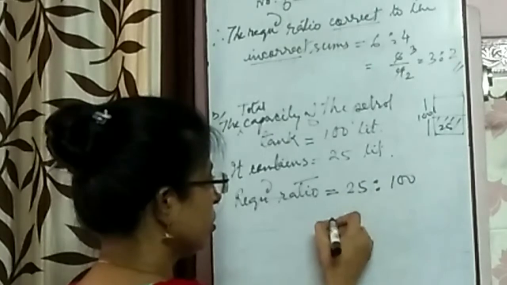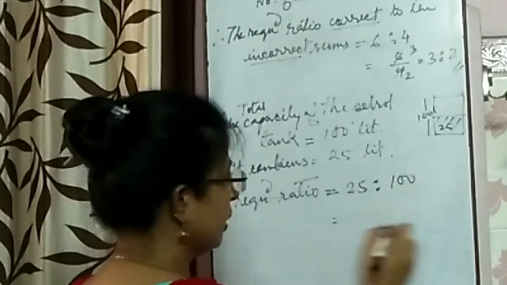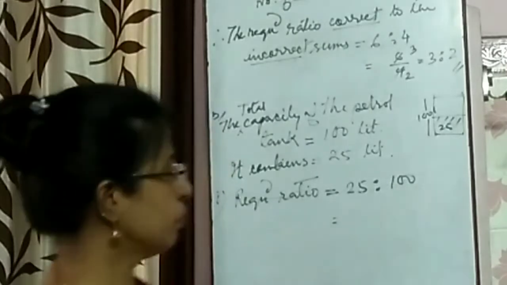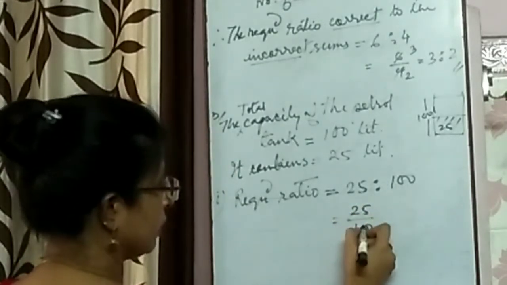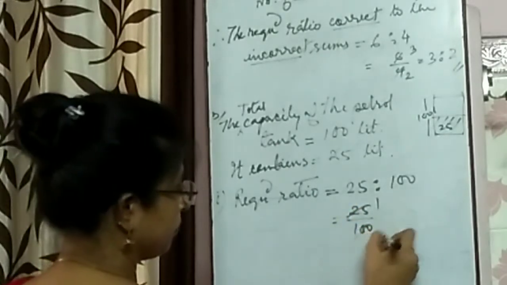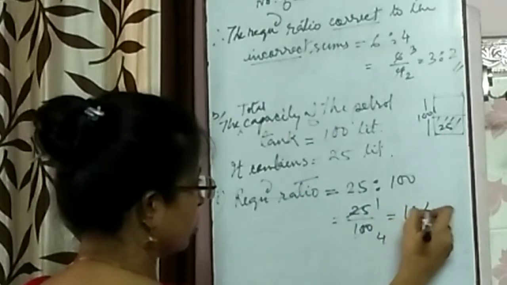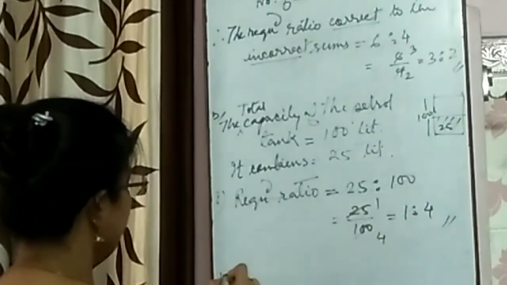We are not to write, or if you would write, then here you write liter and liter. After placing them as a fraction, both will get cancelled. So it is 25 by 100. But directly 25 I will cancel. 1:4. As it is asked as a ratio, we will write the answer as a ratio.